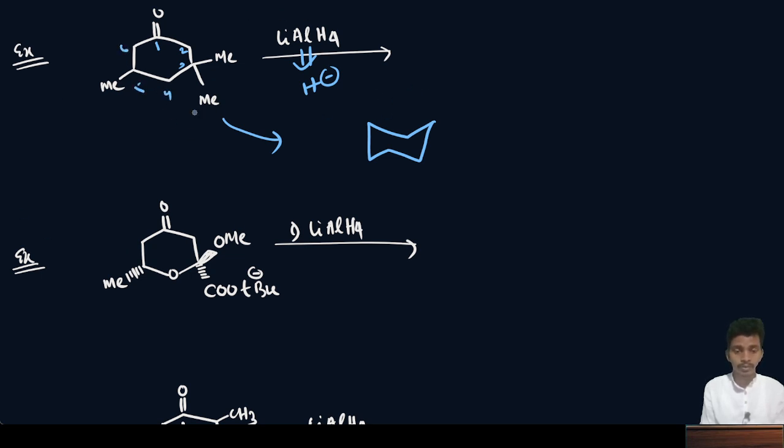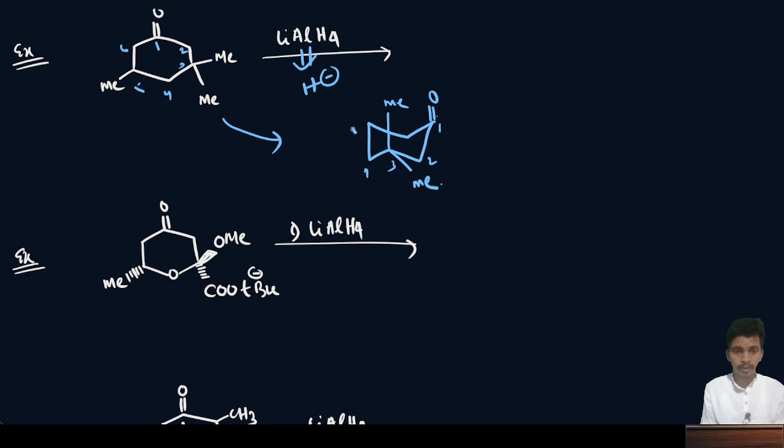At position 1, let's say I put the oxygen here. At these 3 positions we have the 2 methyls. So one is at axial and one is at equatorial. And after that at 4 and 5.